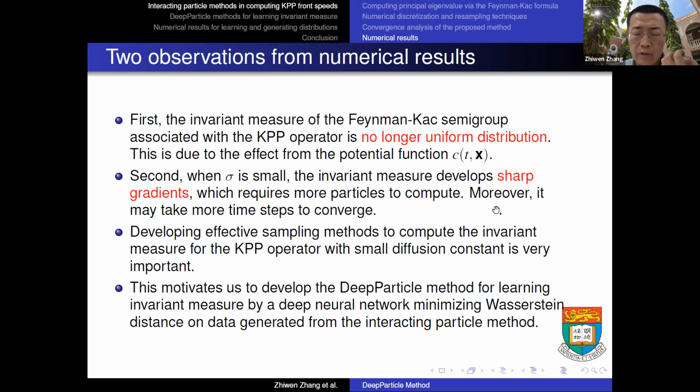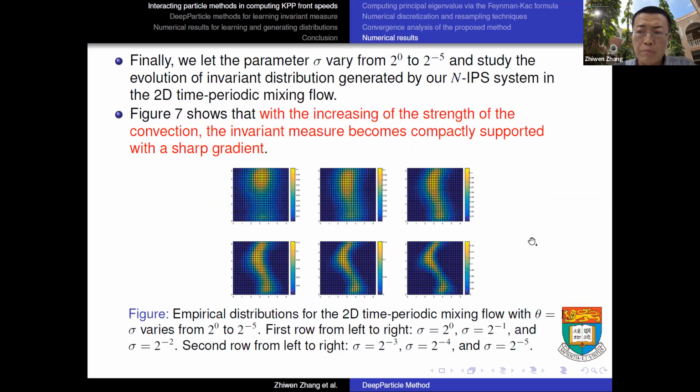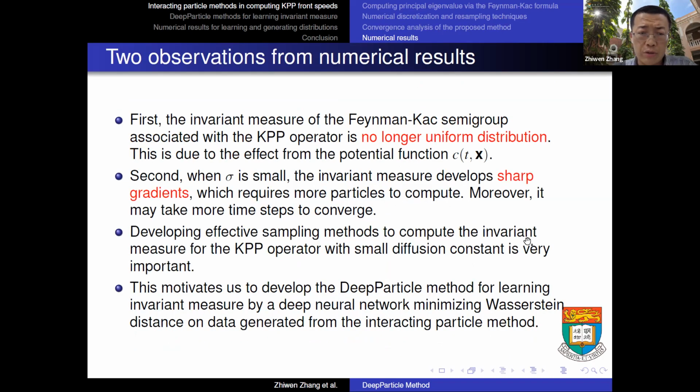This motivates us to use a deep neural network to reduce its cost, and to develop the DeepParticle method to learn the invariant measure by neural network. How to do this? We minimize the Wasserstein distance on the data generated from the interacting particle method. This is very long, however, I hope I explained the basic goal of this research.